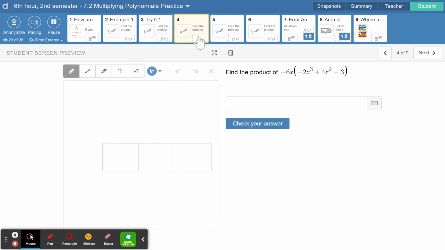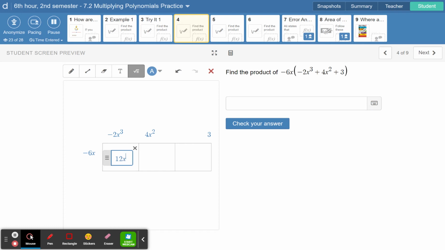Now number 4 is going to be very similar. It's actually less work because we have a monomial. That's one term. We have this trinomial on top. And then we just multiply. Negative times a negative is going to be a positive 12.